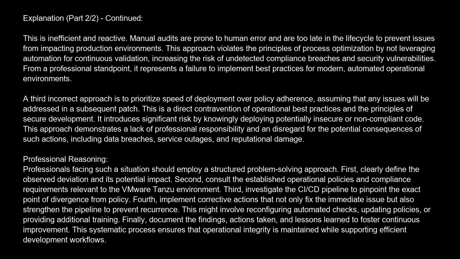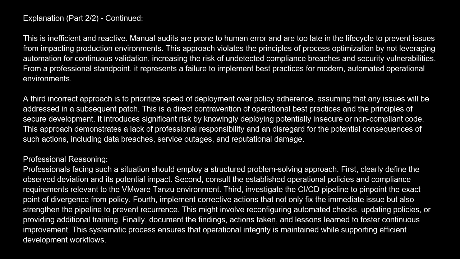Professional reasoning. Professionals facing such a situation should employ a structured problem-solving approach. First, clearly define the observed deviation and its potential impact. Second, consult the established operational policies and compliance requirements relevant to the VMware Tanzu environment. Third, investigate the CI/CD pipeline to pinpoint the exact point of divergence from policy.